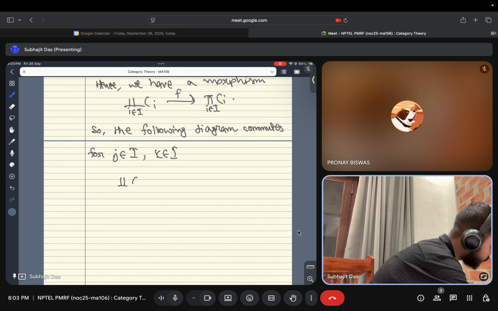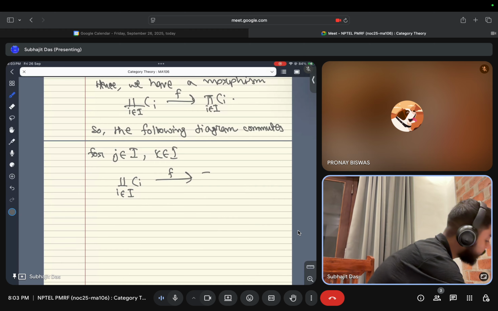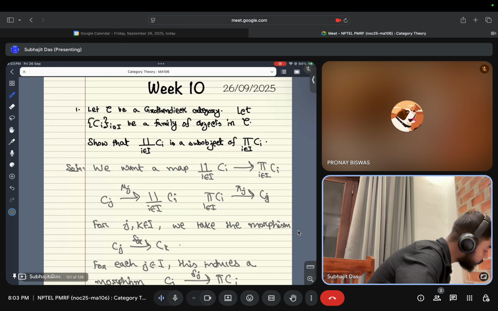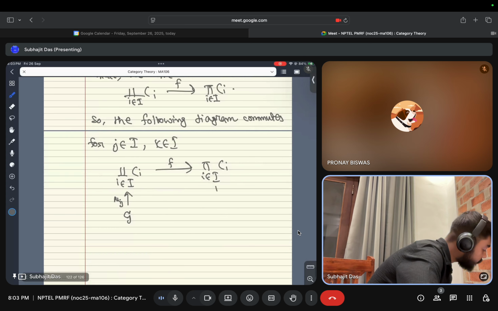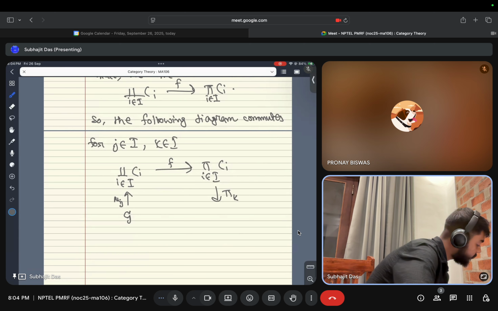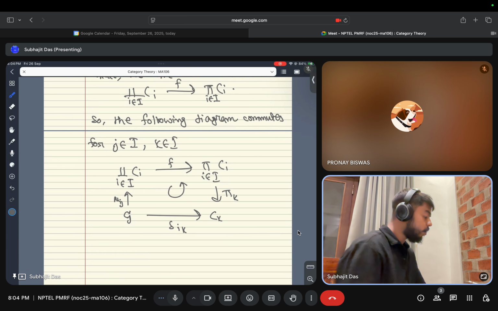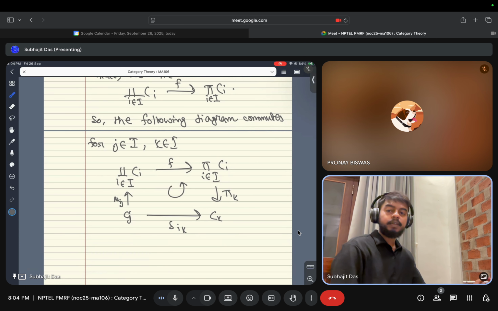It's just the obvious one. F is the single map making every small thing commute. We have Cj to the coproduct, this is our mu j. And from the product to Ck we have pi k, and from Cj to Ck this is delta jk. This commutes. F makes this commute. Okay, so interesting thing, we already have a morphism F from the coproduct to the product.